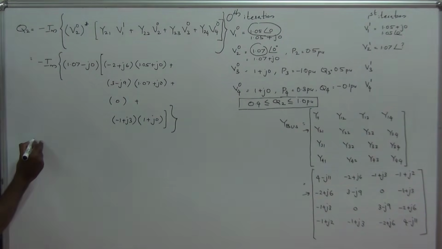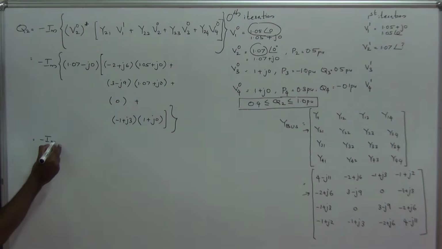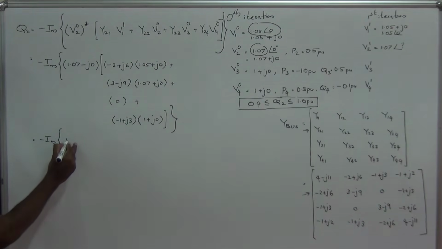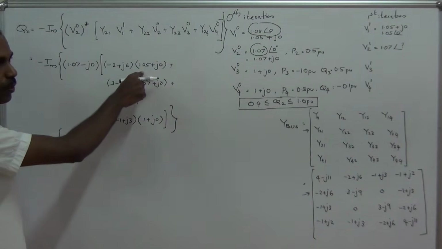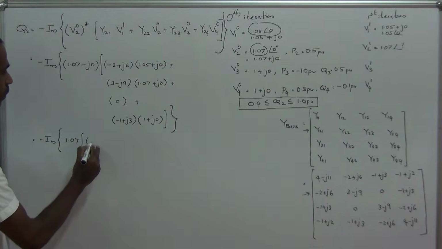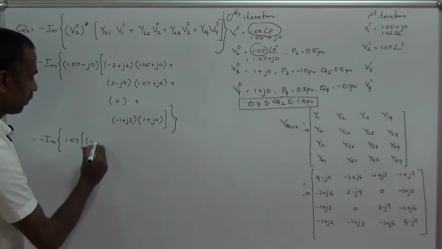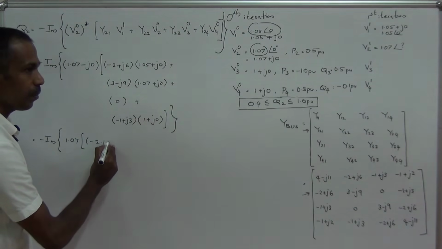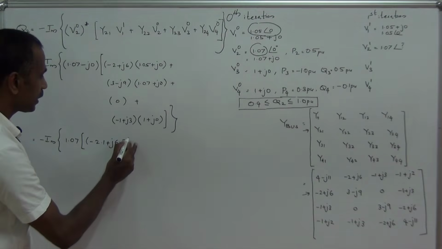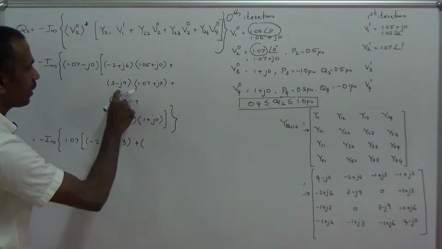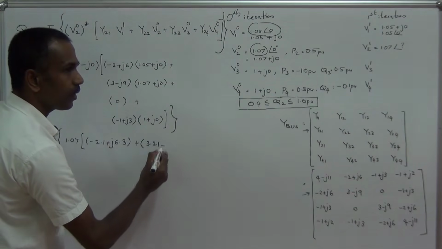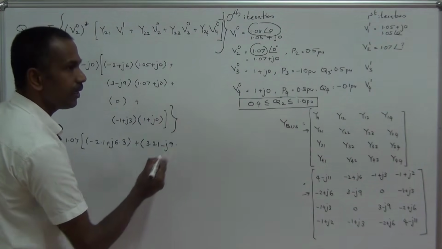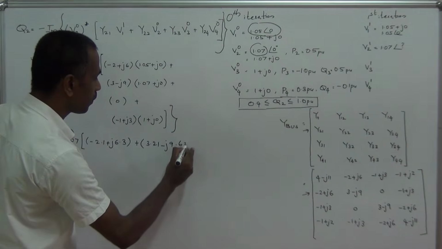So this is equal to minus imaginary part of 1.07 into, the first term equals minus 2.1 plus j6.3, plus the second term equals 3.21 minus j9.63.